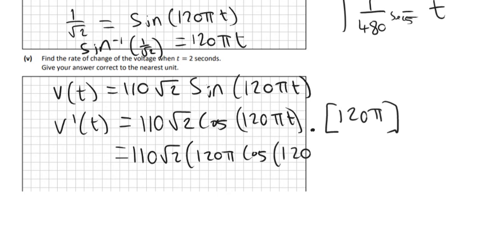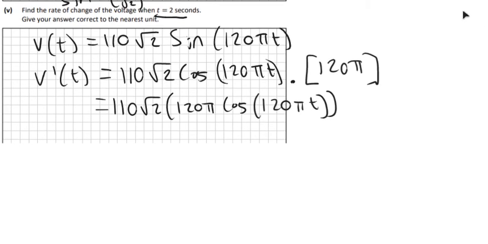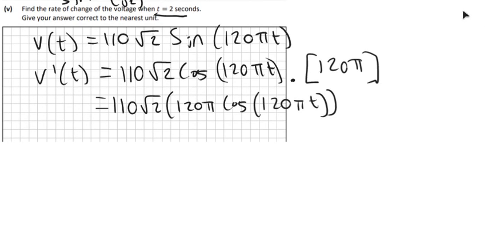Okay, and if you look back at the question, so that's the differential, it's when t is 2. So you just have to put in a 2 instead. So V dash of 2, and I think my brackets might be slightly wrong there. It should work out though. So that's been multiplied separately.